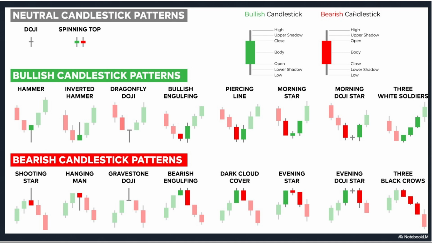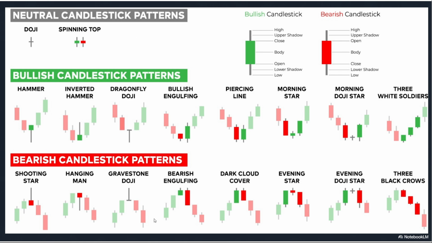It is the opposite way for the red candle. The highest point, the lowest point, the upper shadow, the lower shadow, or upper wick, lower wick, then the body. And this is the opening price of the candle, and this is the closing price. We have so many candlestick patterns with different names. All these things I will send you guys.